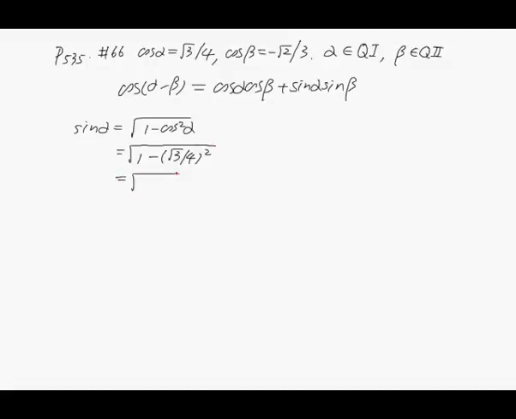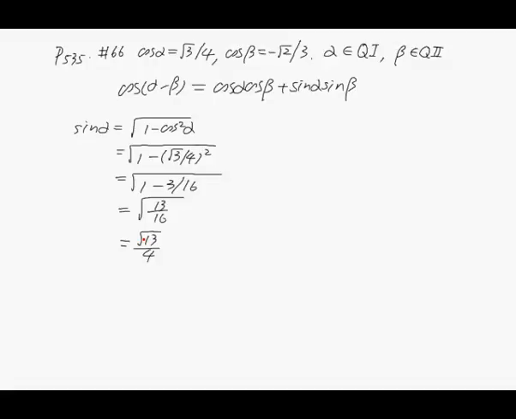And this is equal to 1 minus 3 over 16, which is 13 over 16. And then take the square root. So this is equal to root of 13 over 4. Right?